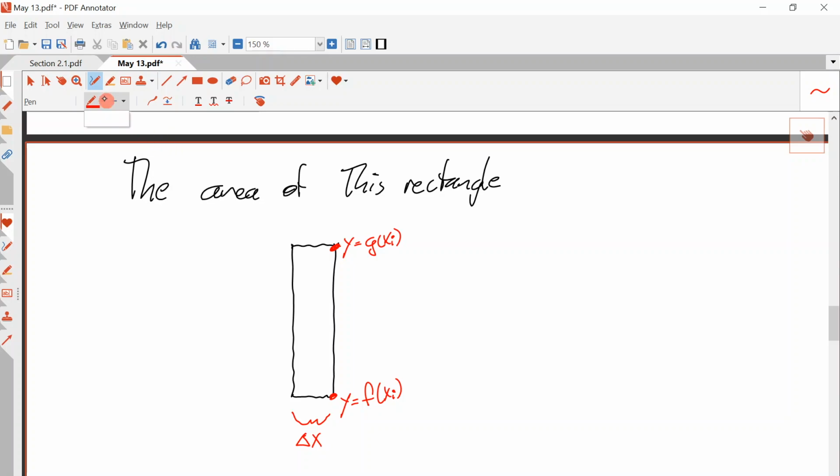So the area of this rectangle is height times width. The height is g of xi minus f of xi, times the width delta x.